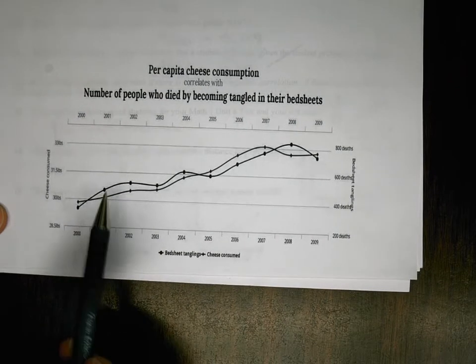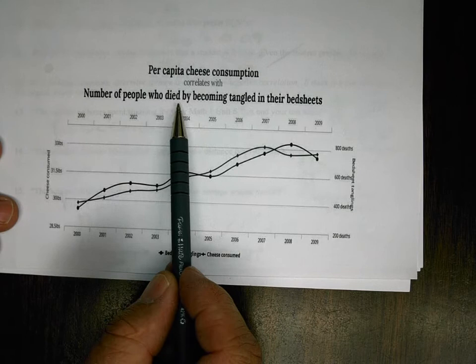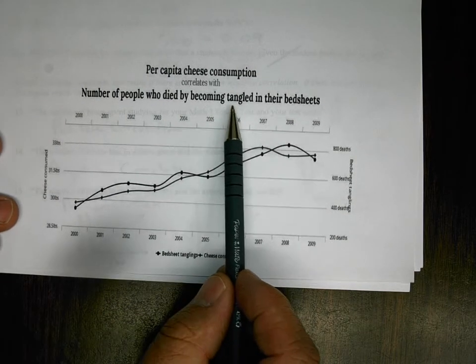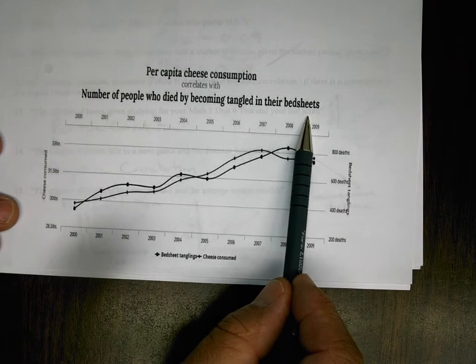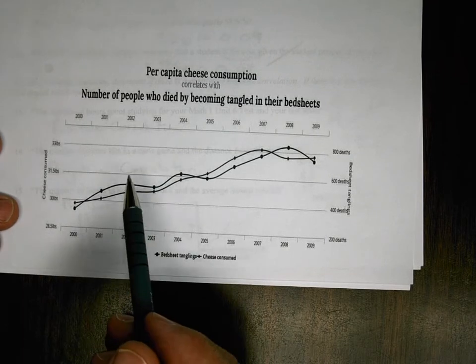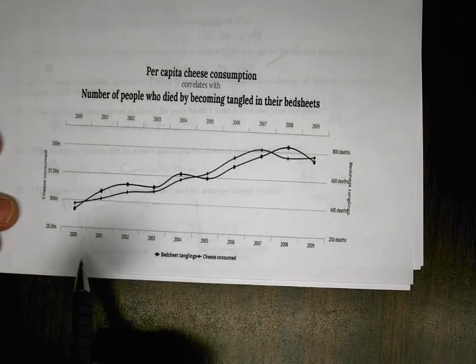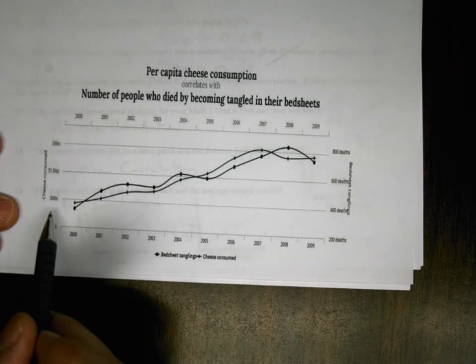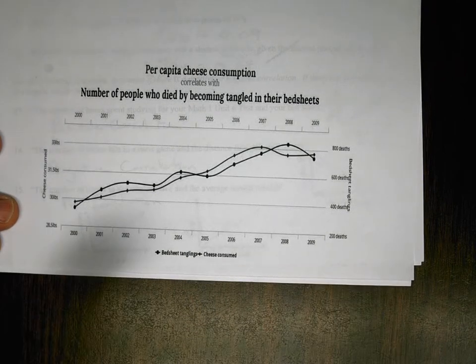So this is the number of people who died by becoming tangled in their bed sheets. Okay? Wait, is this real? This is real. These are actual statistics. You're lying. No. So this is people who died in their bed sheets and how much cheese they consumed. What? Yes.